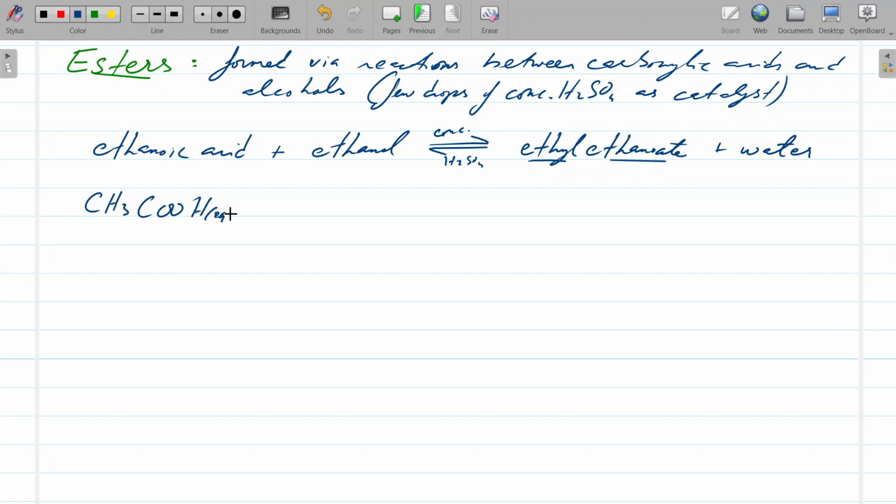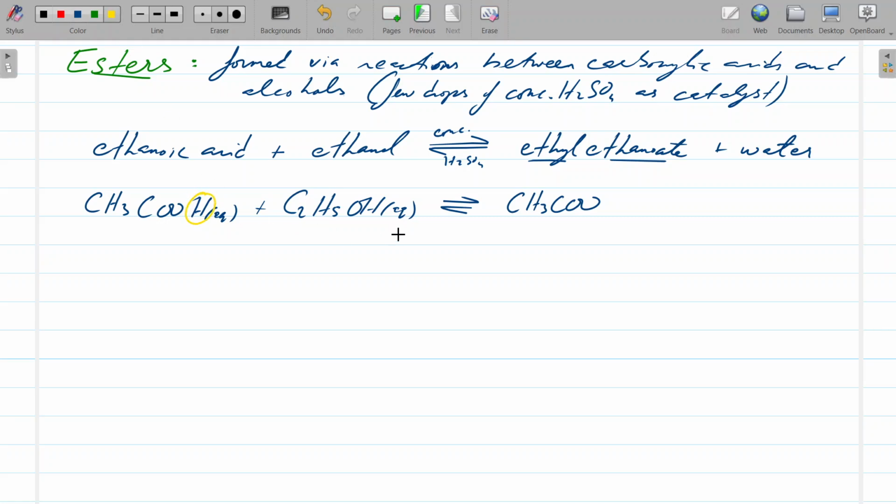So as far as the chemical equation goes, you've got CH3COOH, aqueous, plus C2H5OH, also aqueous. You've got the reversible reaction, and what you end up with is CH3COO, that's the ethanoate part. This has lost just a hydrogen, and how are you getting the water?